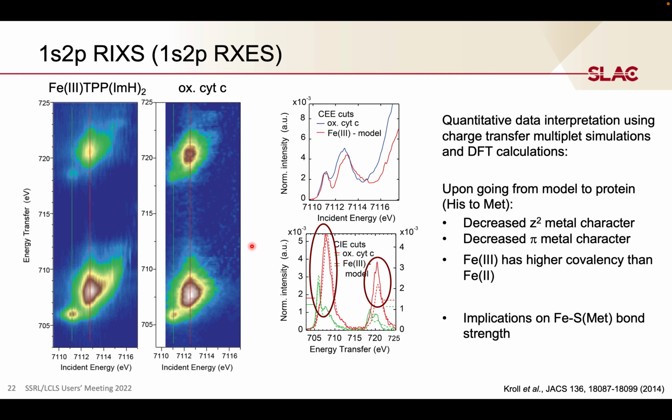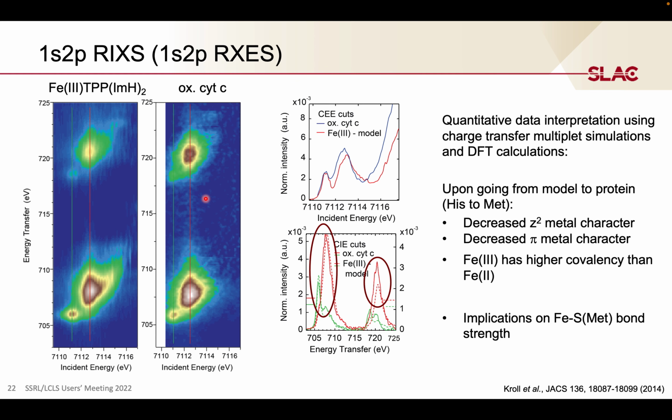In this study, we did a quantitative analysis using charge transfer multiplet calculations that we then coupled with DFT calculations. And then, upon going from the model to the protein, here on the left, that's TPP imidazole. On the right is oxidized cytochrome c. The main difference is the model has histidine, and the Met is the corresponding ligand for oxidized cytochrome c.